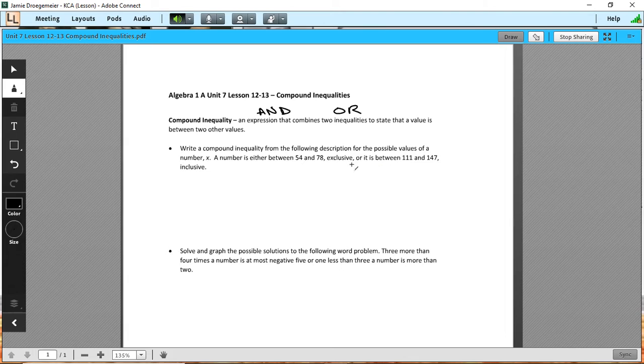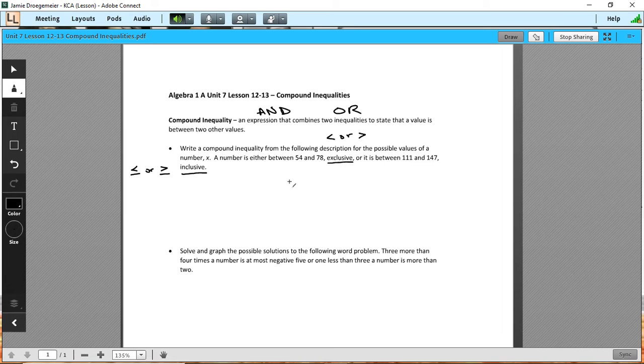Anytime you're seeing exclusive or inclusive, it's telling you whether it can be equal to. Inclusive means we use a less than or equal to or a greater than or equal to. Exclusive means that it can't be equal to, so it's a strict inequality. We're using less than or greater than.